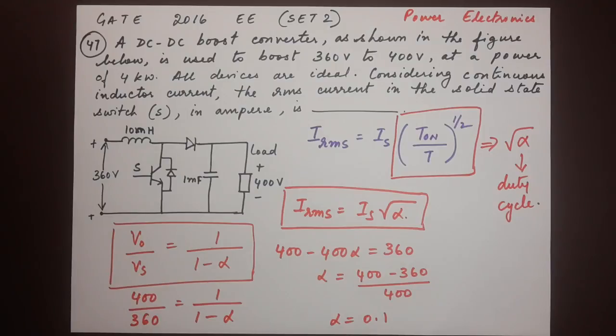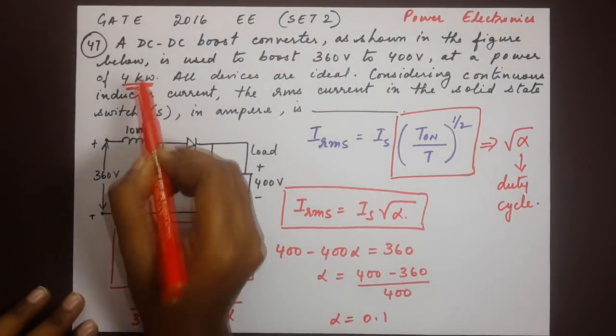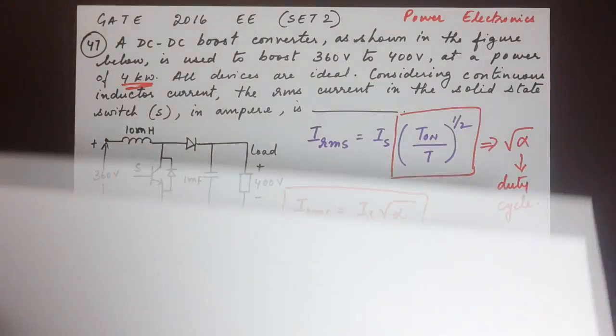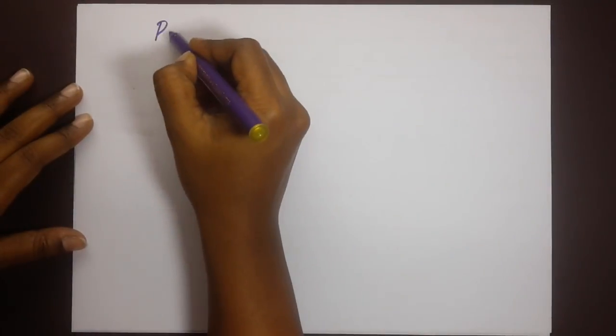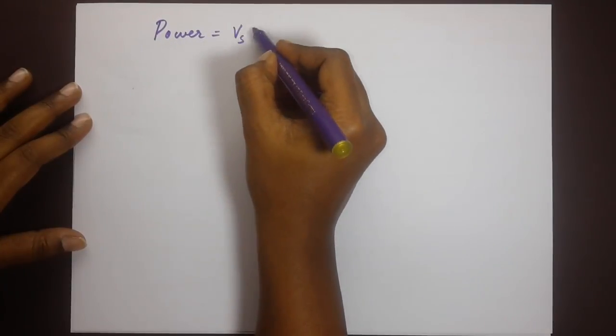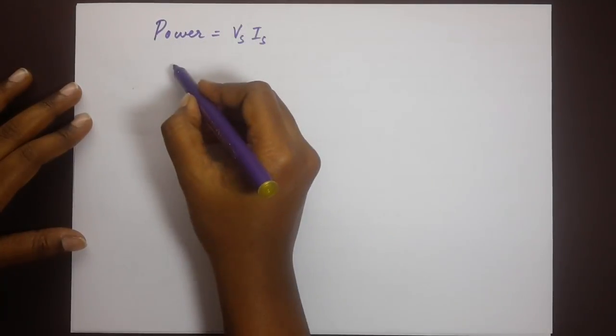Now, we need to figure out what the value of IS is. The question gives us the power as 4 kilowatts. Let us use the power equation to find out the value of IS. Power equals Vs times Is.